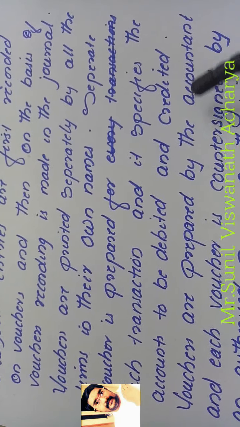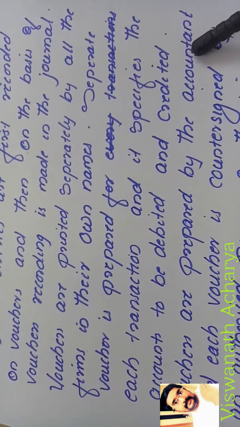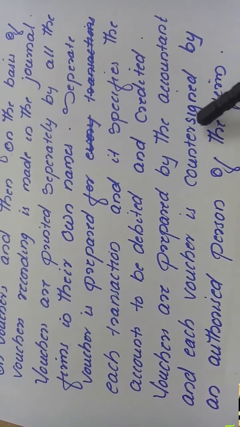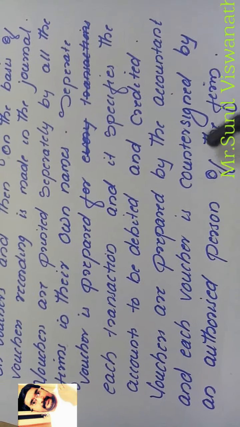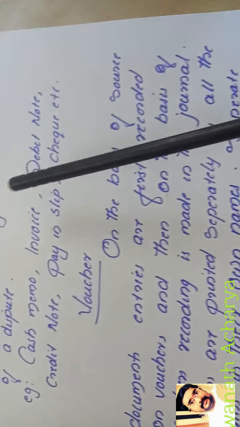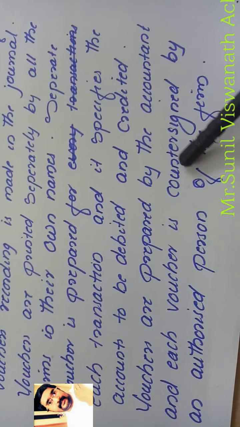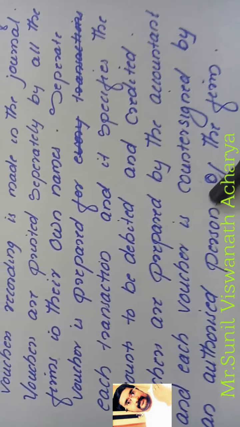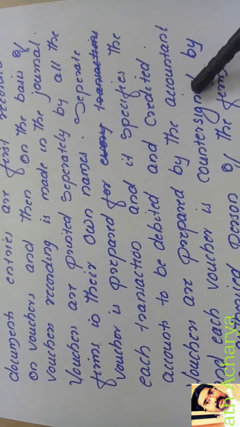Vouchers are prepared normally by the accountant, and each voucher is countersigned by the authorized person of the firm. So the accountant prepares the vouchers on the basis of the source document, and the voucher is signed by the authorized person of the business.